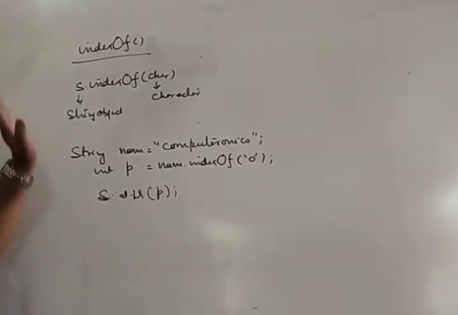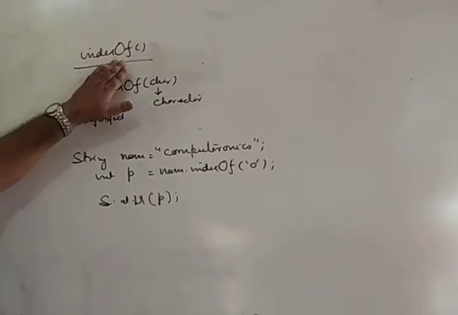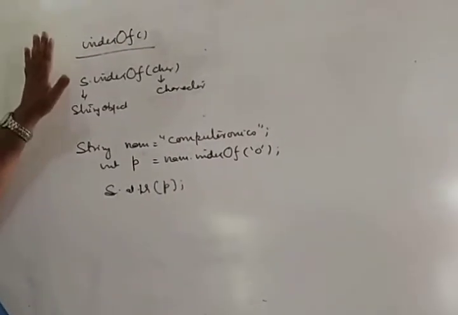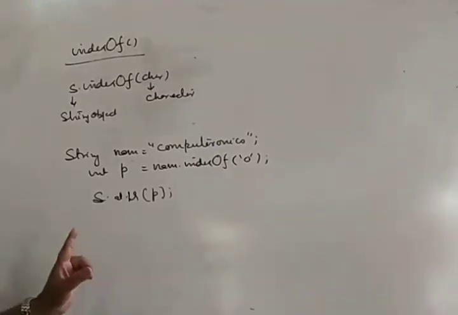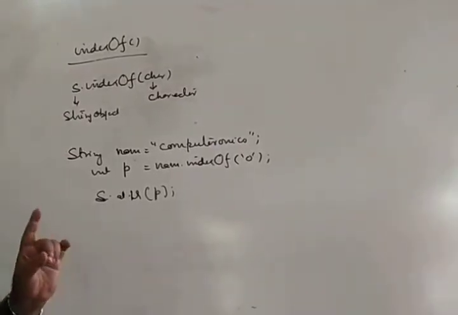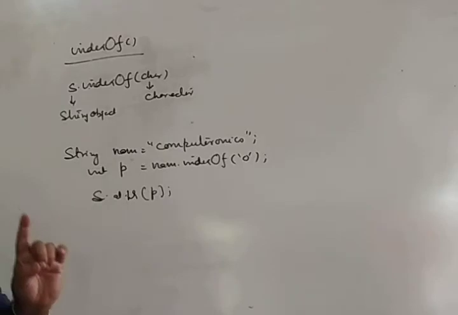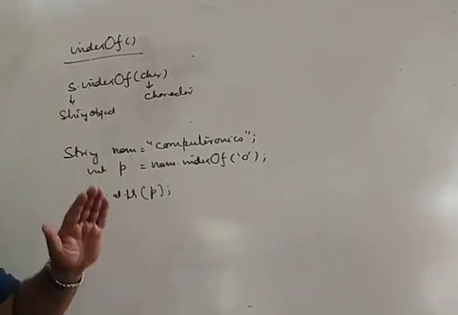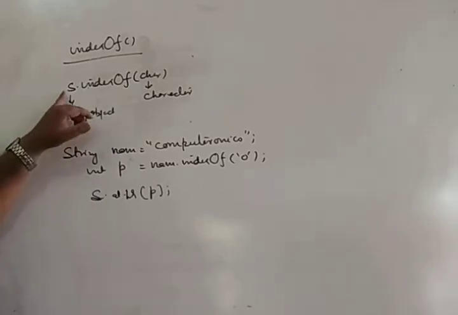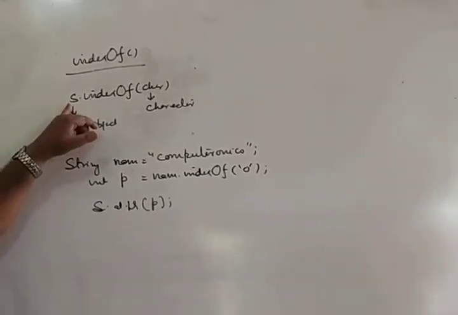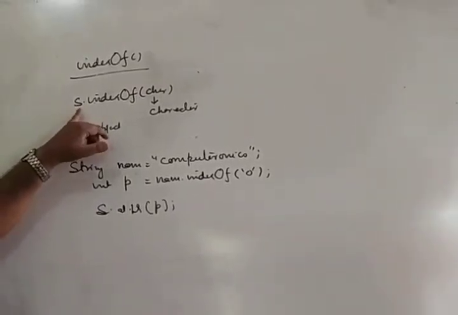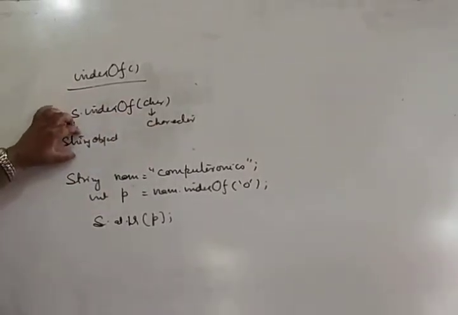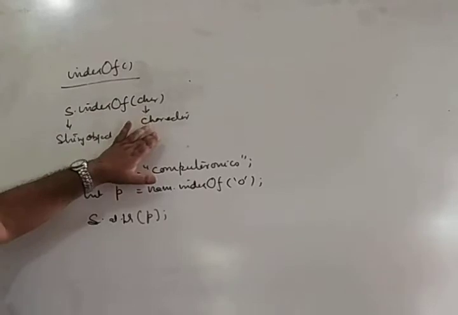Now we have another method, which is indexOf. This function is used to find the position of the first occurrence of a character. You can go through the definitions. S dot indexOf(char). S is the string object, char is the character.